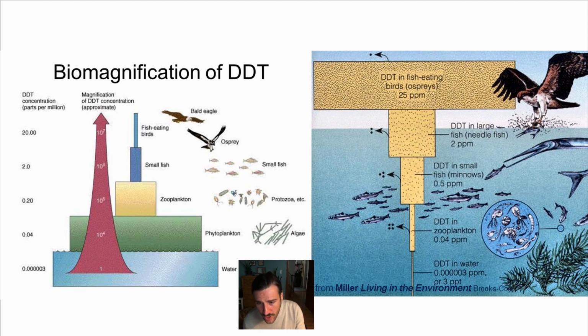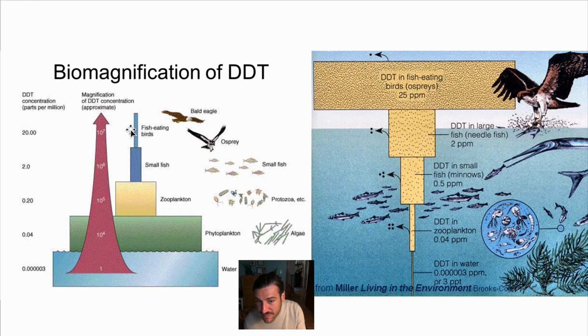But also why I really like this one is that there is this volume, right? So clearly there's a lot more water than there is phytoplankton, and there's a lot more phytoplankton than there are zooplankton. So basically these bars show the biomass of each trophic level.